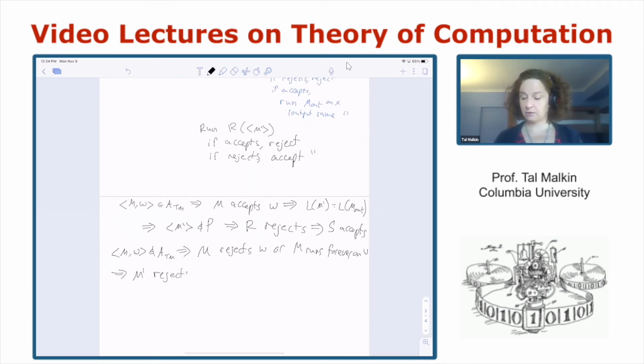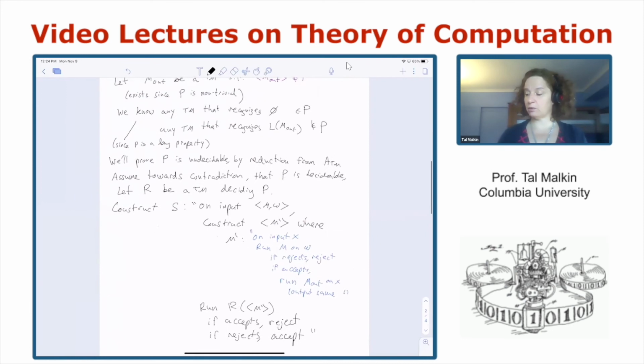So M prime rejects every input X or runs forever on every input X. In any case, regardless of which is the case, the language of M prime is the empty set.